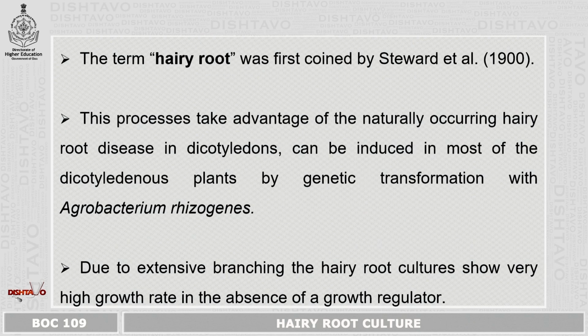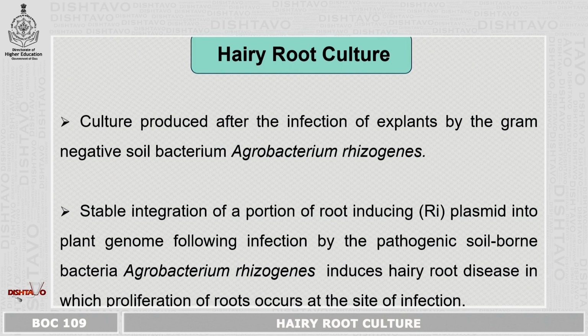Students, what is this hairy root culture? Hairy root culture is a culture that is produced after the infection of the plant by a gram-negative soil bacterium, Agrobacterium rhizogenes. Now students, this bacterium is a soil bacterium.